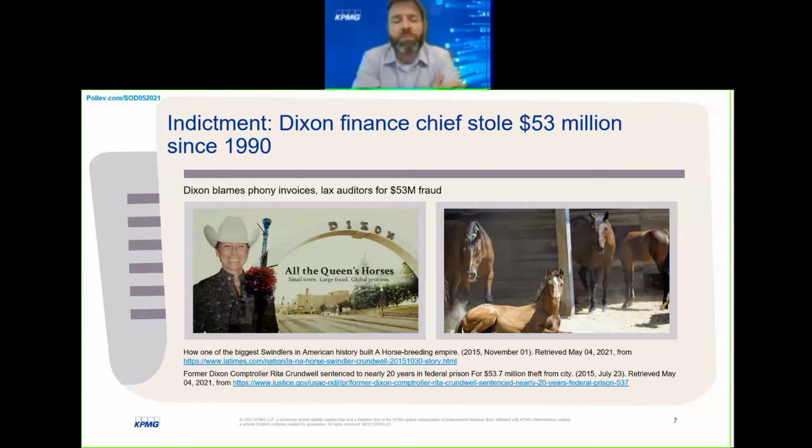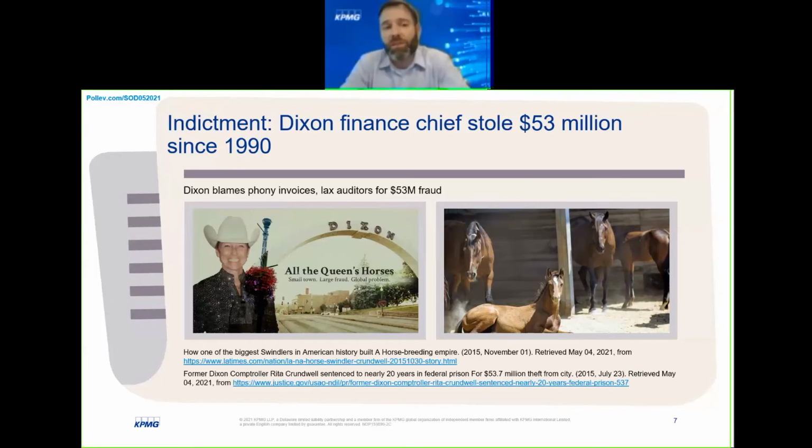I believe it's on Amazon Prime now. It's the story of a woman who worked for the small town of Dixon, Illinois. Over the course of about 10 or 12 years, she embezzled upwards of $53 million. And really, it's a case study for why SOD should be at the forefront of any organization's internal control structure.